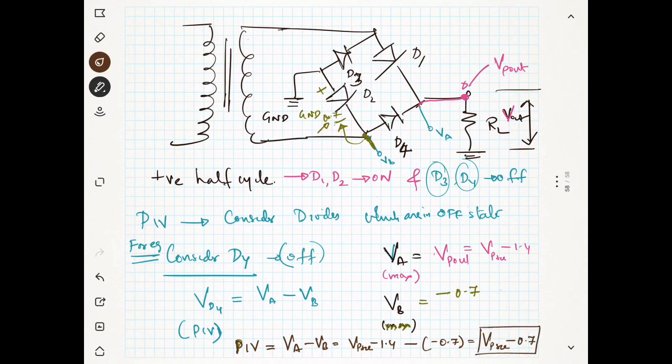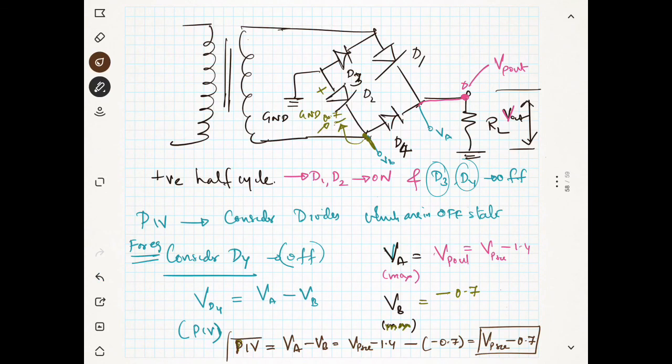So the peak inverse voltage of the bridge rectifier is Vp secondary minus 0.7. Okay, so that's about the full wave bridge rectifier.